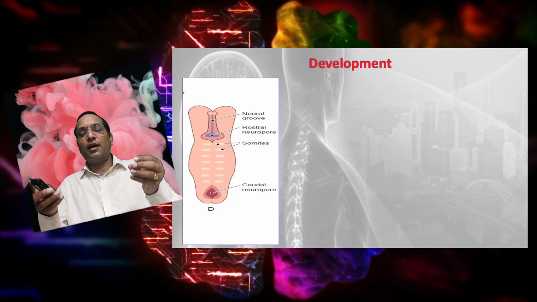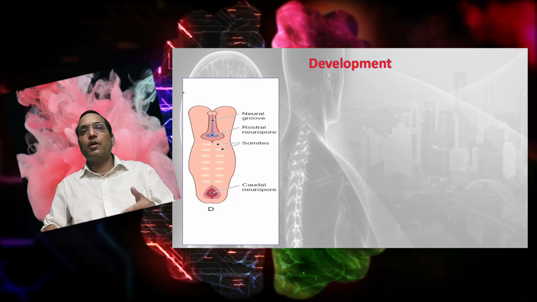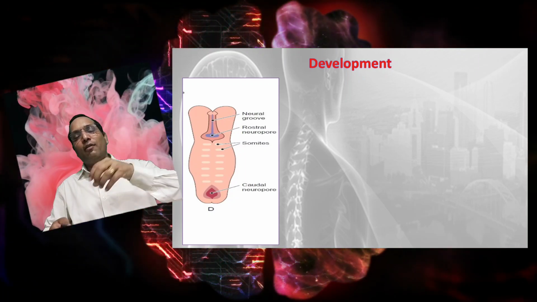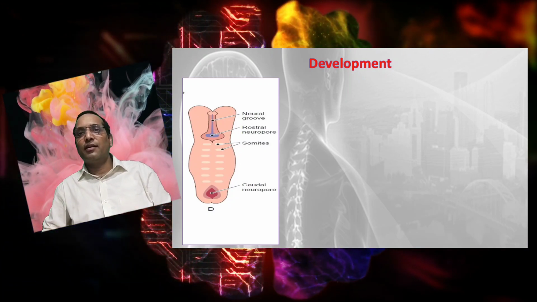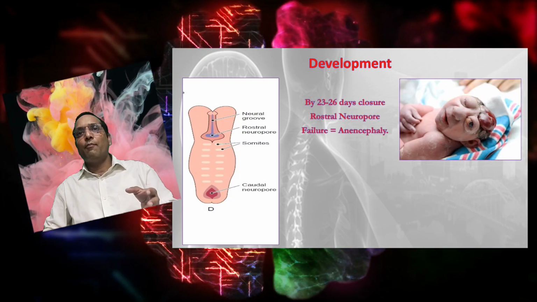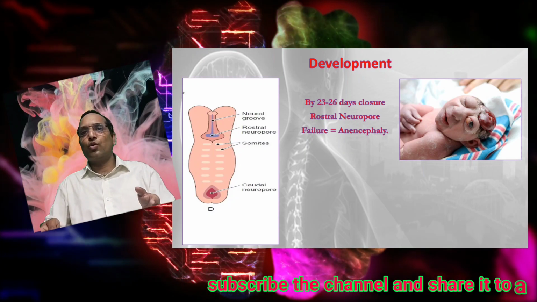After the neural tube fuses from rostral and caudal sides bilaterally, closure occurs primarily on the rostral side and later on the caudal side. By the 23rd to 26th days, there is closure of the rostral neuropore.